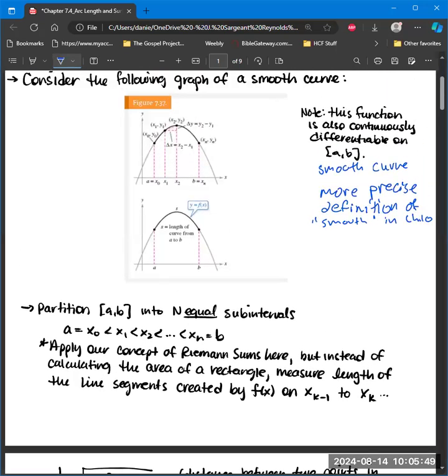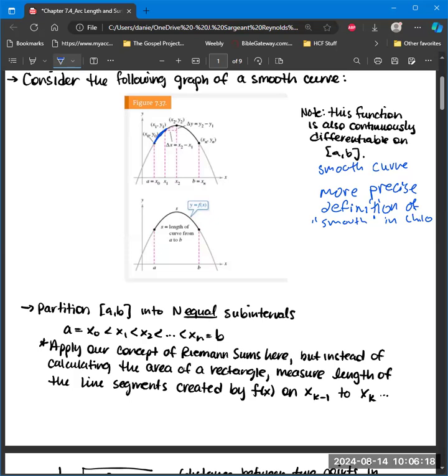All right, so we have this piece of the graph right here. If I trace the graph right there, that's going to be a portion of the smooth curve that's an arc, and I can find the arc length, the length of that arc right there. That's something that we're going to try to do.